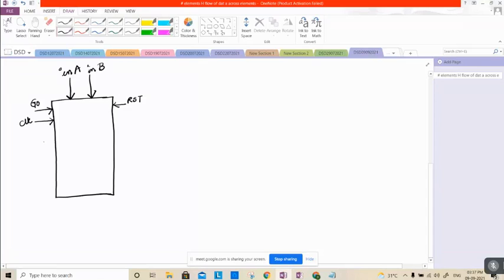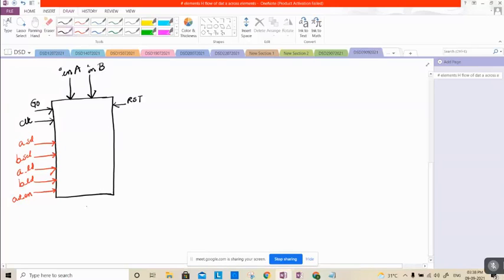Later we provide A selection, B selection, A load, B load, and output enable.